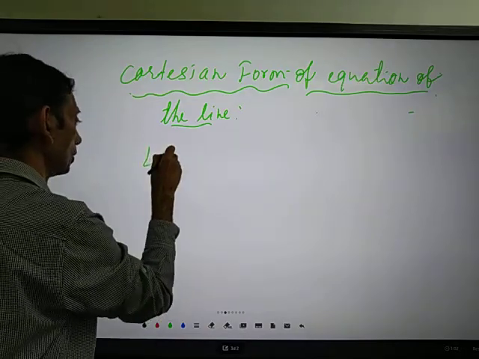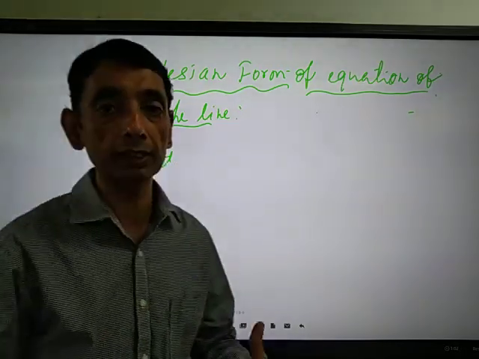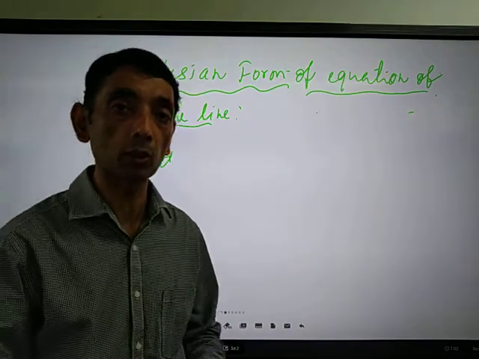We know that when we write the Cartesian form, we need to know the coordinates of the points.